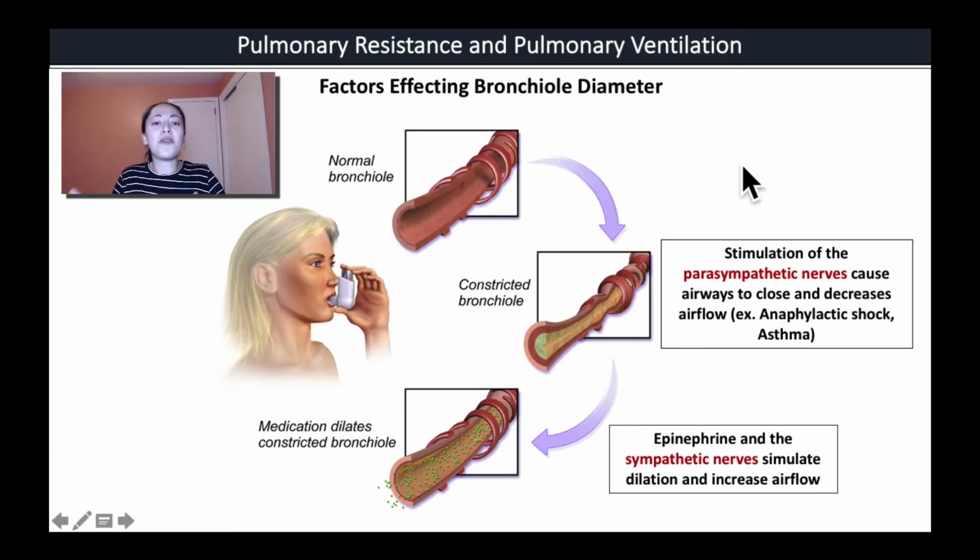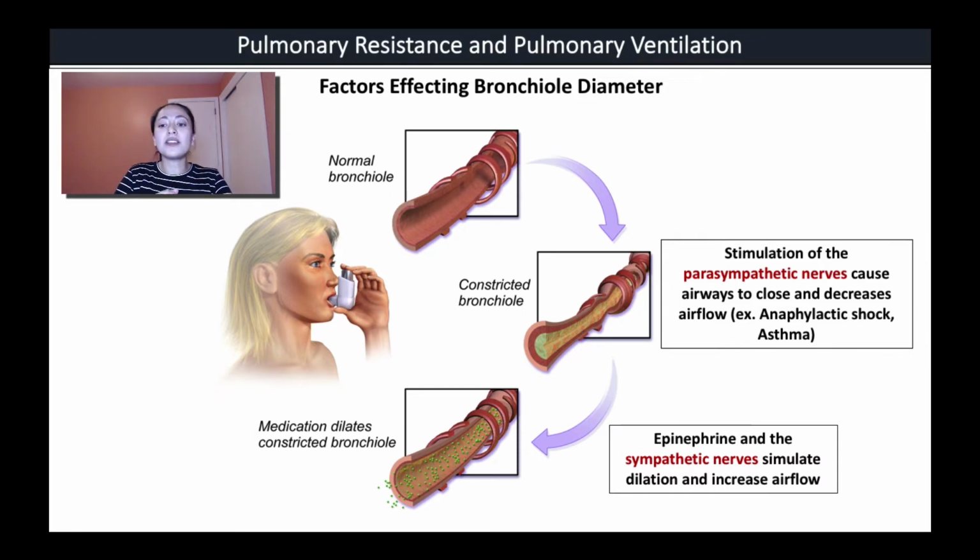What are some factors that can affect bronchial diameter? Well, there are things that can constrict your bronchioles. For example, anaphylactic shock, being exposed to allergens in your blood, right? Or asthma. These are two common things that can affect the diameter of your bronchioles.